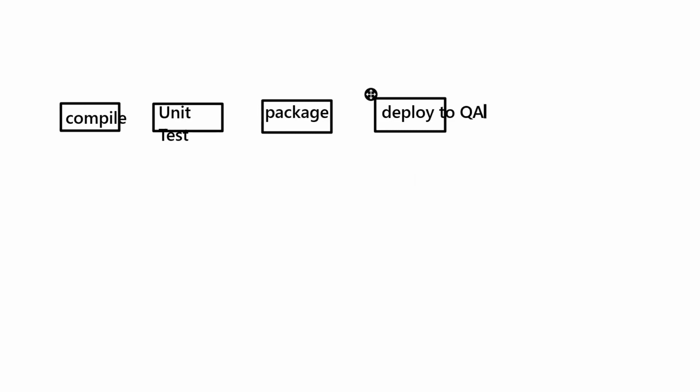This is the pipeline we are going to create initially. We'll take a code base, an application, a project available on GitHub. So whenever a developer makes a commit to GitHub, we know how to pull the code, right? Now we should know how to pull the code and compile it, execute unit test cases, package the job and deploy to QA environment.